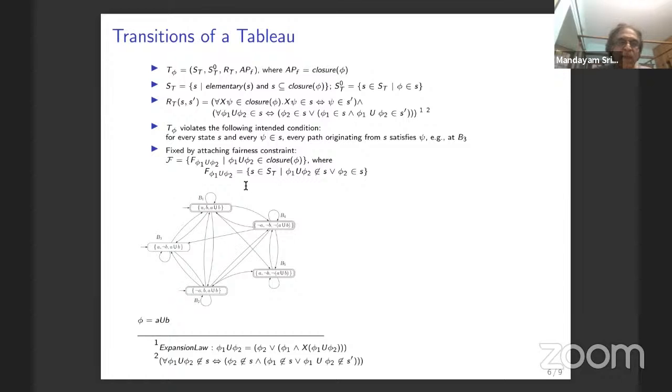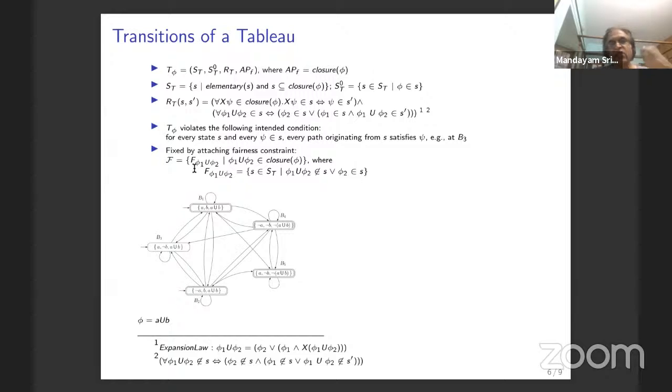And that's why for every subformula in the closure of phi, there is a fairness condition, okay? So that is F, okay?